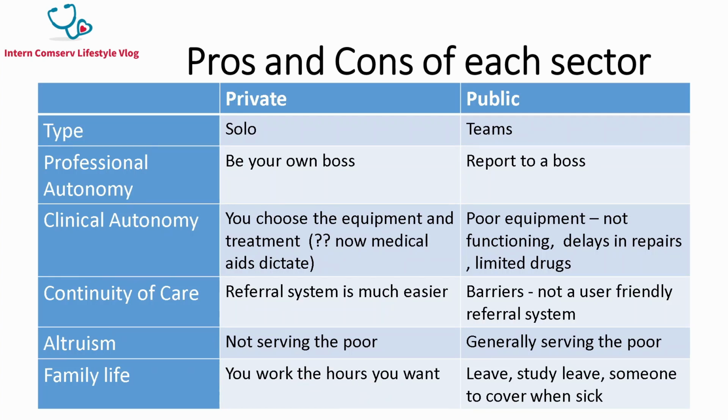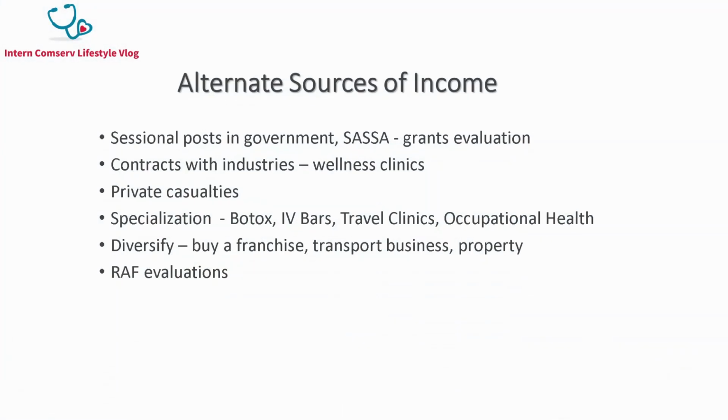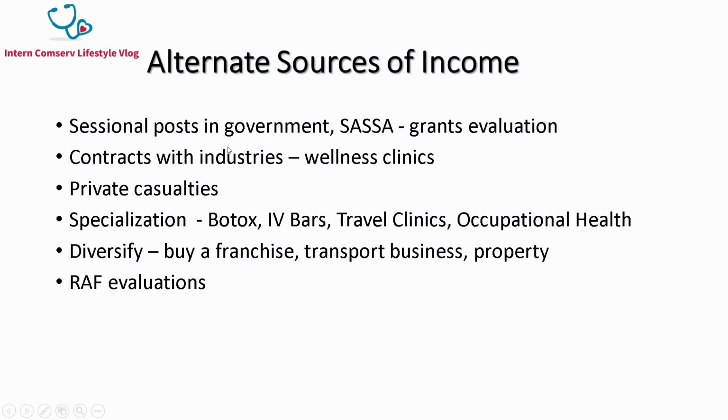But so why choose private practice if in private practice you earn less? Well, there are alternative ways of making money. If you decide to be your own boss, if you decide to work the hours you want to, if you decide to have clinical autonomy, then you can either settle for a lower paycheck or enhance your pay by taking up a sessional post in government, doing a grants evaluation for SASA, doing contracts with industries like wellness clinics, working in private casualty, specialization, Botox, IV bars, travel clinic, occupational health.